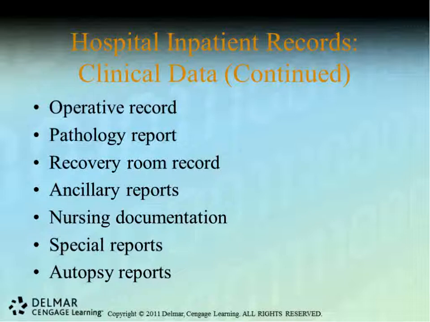Basically, a pathology report is where, say an operation occurs and they take a biopsy or a section of tissue, and they want to look at that tissue to help come up with a diagnosis for a patient, or to analyze that tissue to determine whether it's cancerous or something of that nature. That tissue is removed from surgery and sent to pathology. When that happens, there's going to be what we call a pathology report.